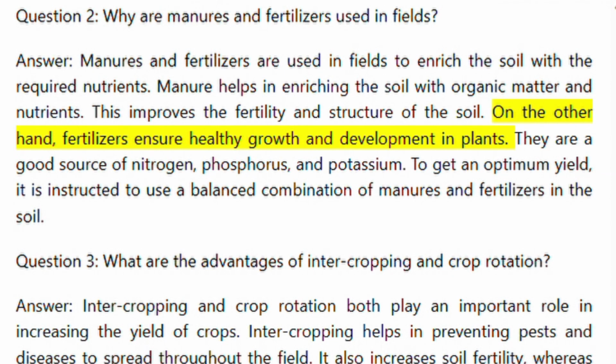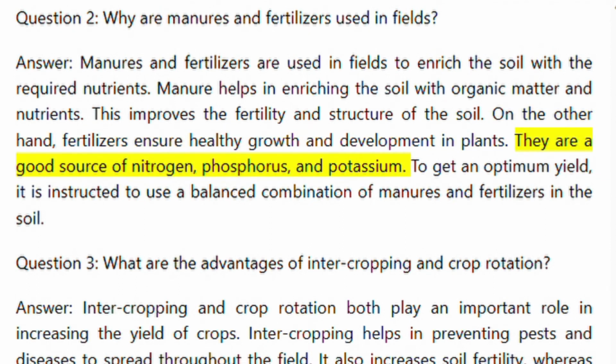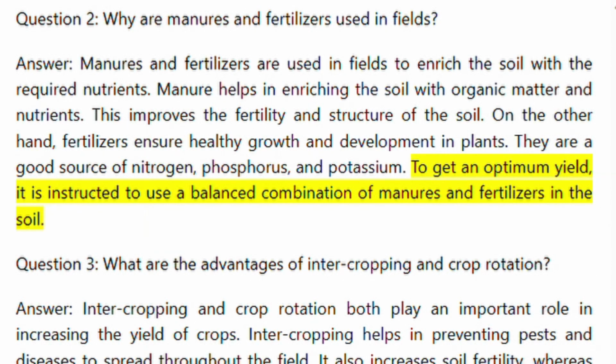On the other hand, fertilizers ensure healthy growth and development in plants. They are a good source of nitrogen, phosphorus, and potassium. To get an optimum yield, it is instructed to use a balanced combination of manures and fertilizers in the soil.